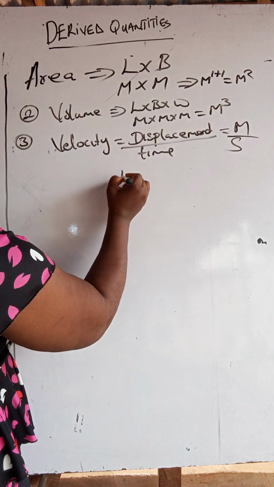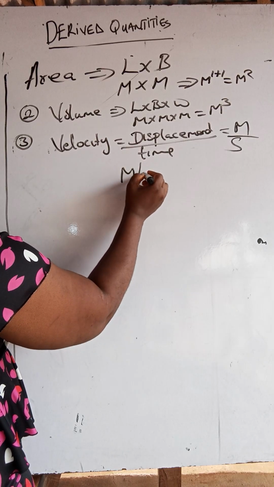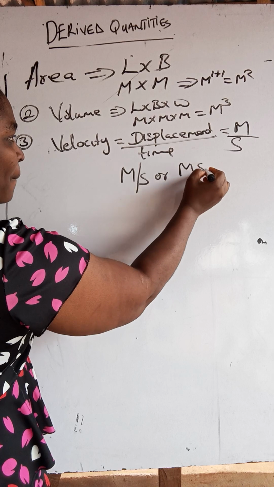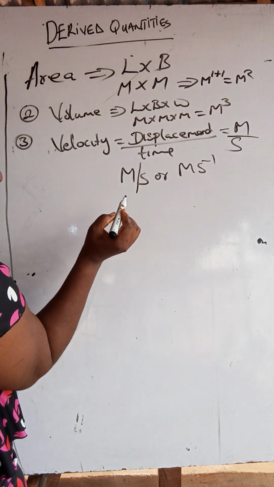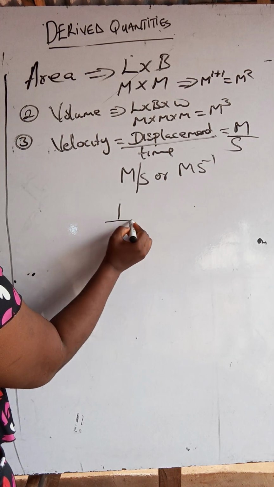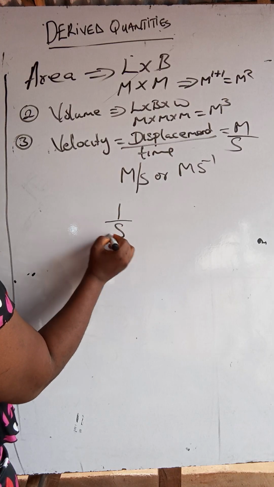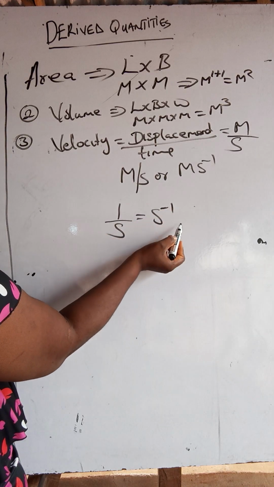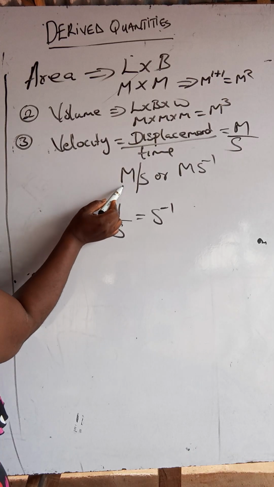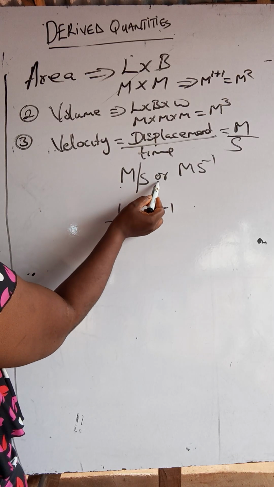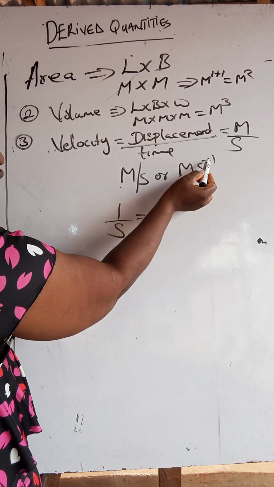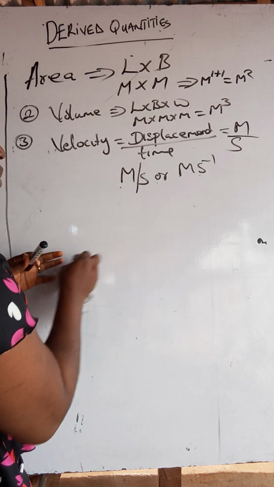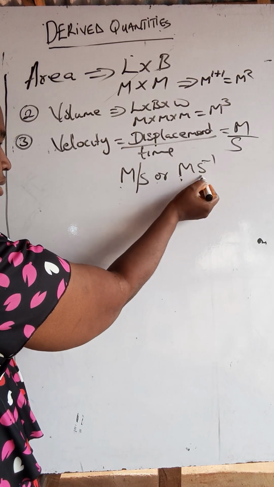This will now give us meter over seconds, or we write this way, meter per second. This is because, recall I told us in law of indices that 1 over seconds is the same thing as seconds raised to power minus 1. So either you write as meter stroke seconds or meter seconds raised to power minus 1. It is simply pronounced as meter per second.